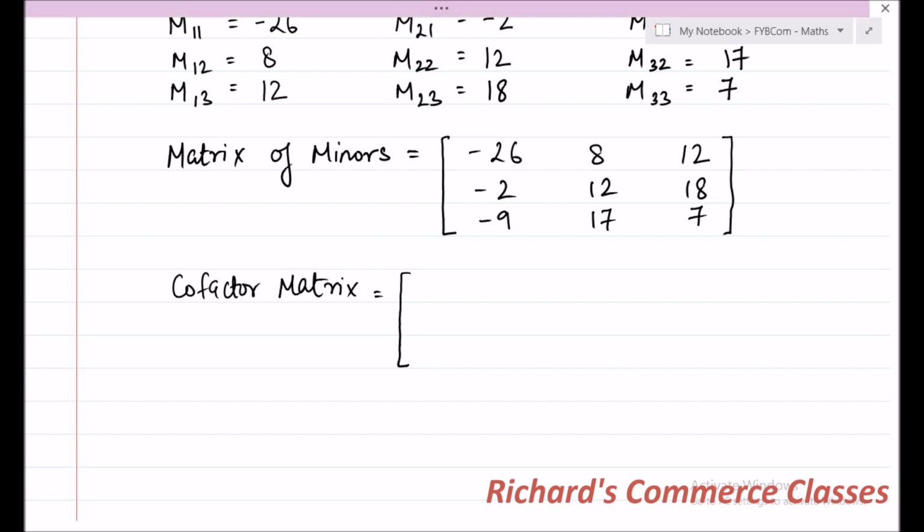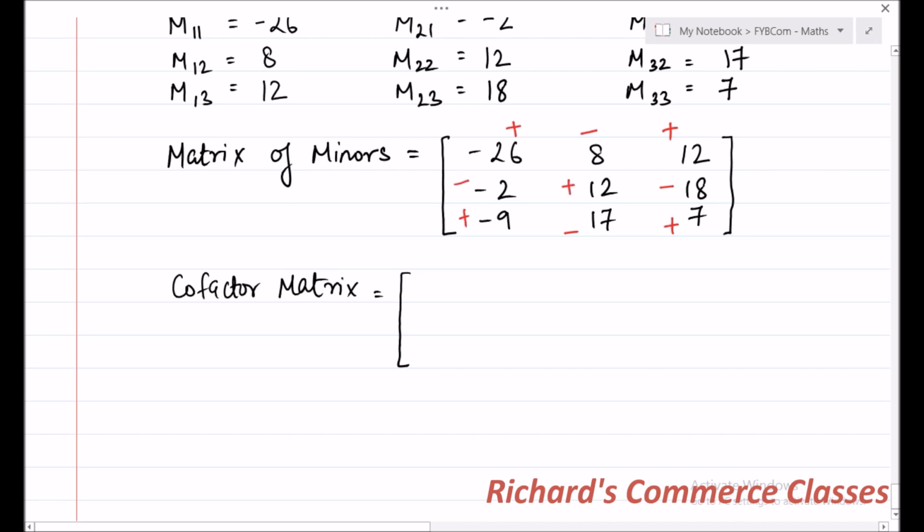Again, to calculate the cofactor matrix, we need to assign signs, starting with the positive sign and moving clockwise. Plus, minus, plus, minus, plus, minus, plus, minus, plus.